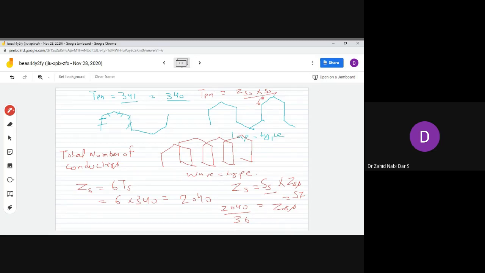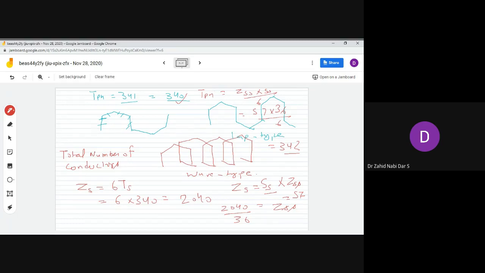If you substitute the ZSS value and the SS value back, this was equal to 57 into 36 divided by 6. So it will be around 342, which is nothing but equal to 340 only. Same thing, 1 or 2, it will not affect much.